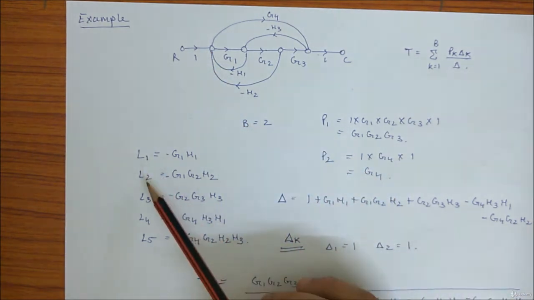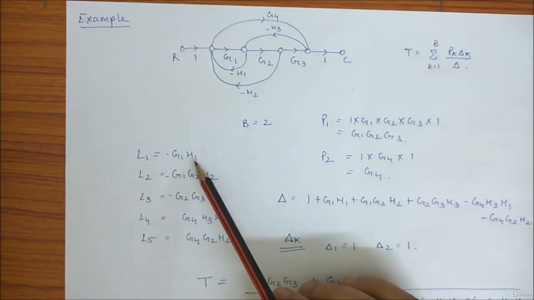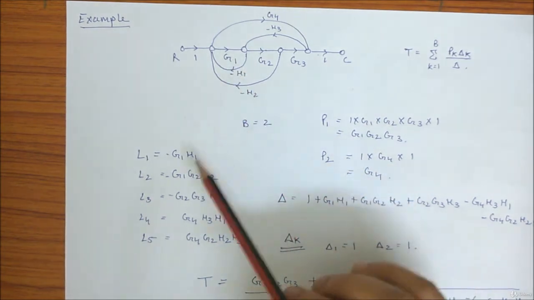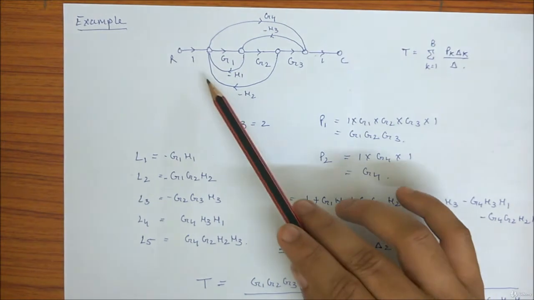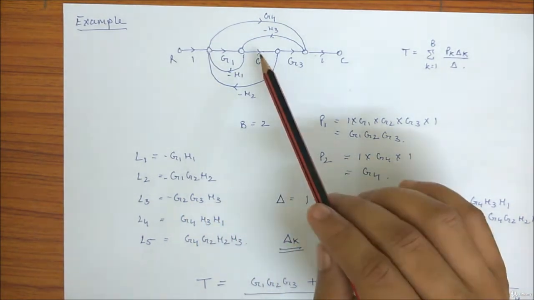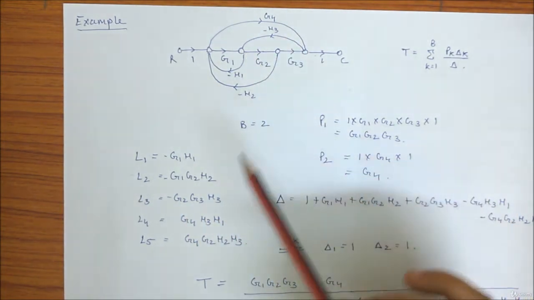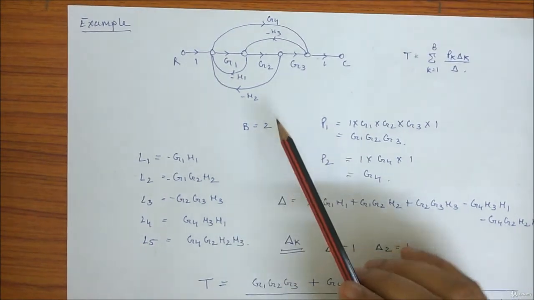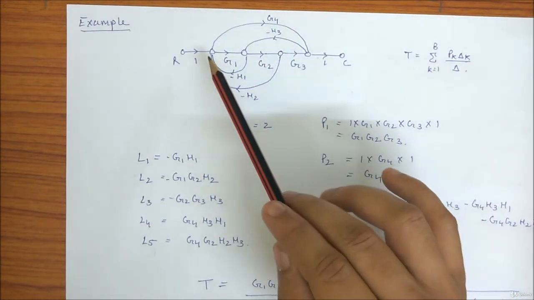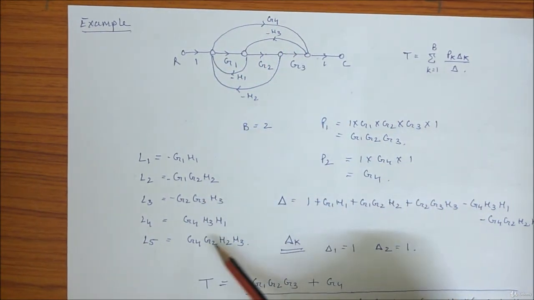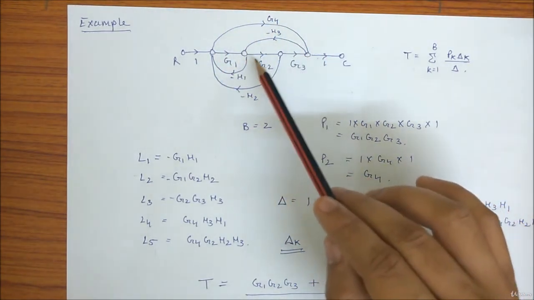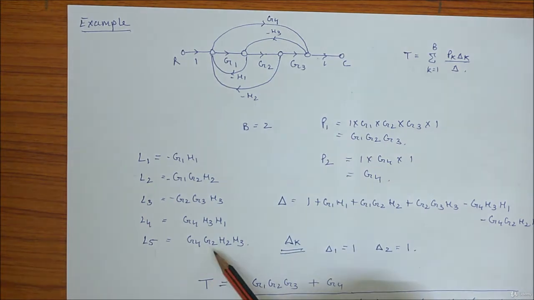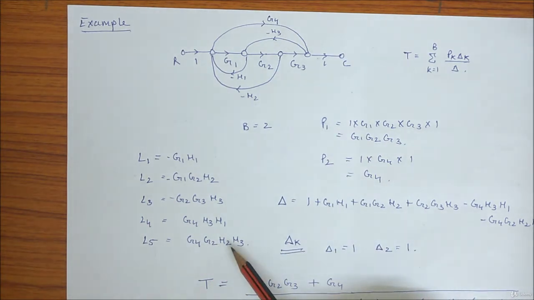I've written L1, L2, L3, L4, L5 here: G1, H1; G1, G2, H2; G2, G3, H3; G4, H3, H1; then last G4, G2, H3, G2, H2.